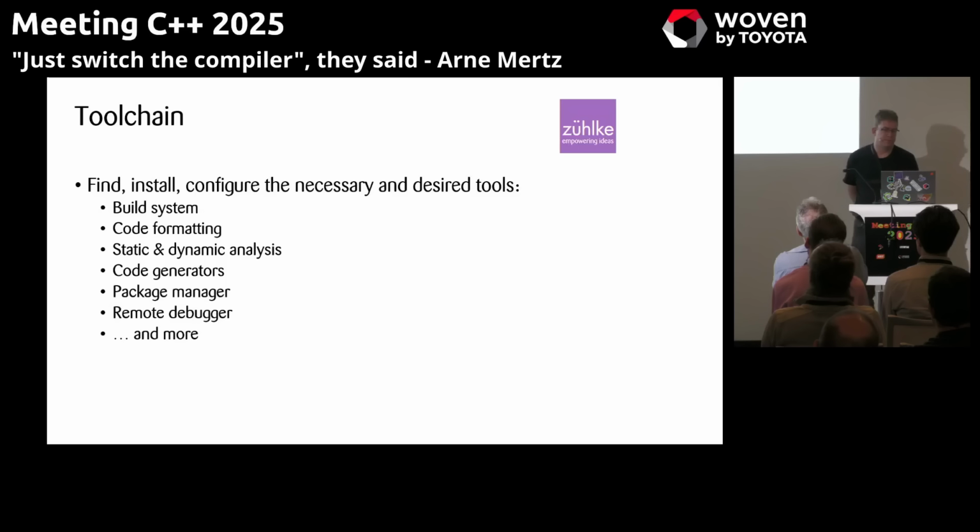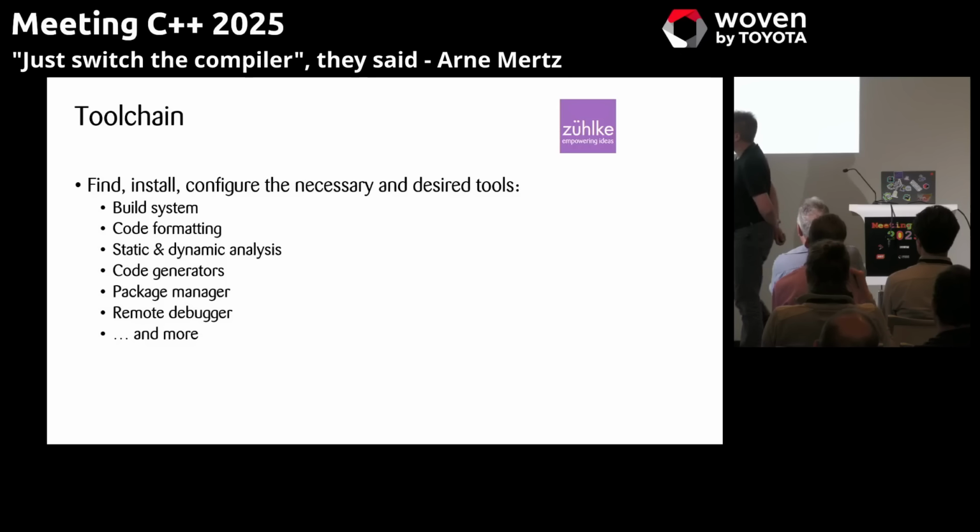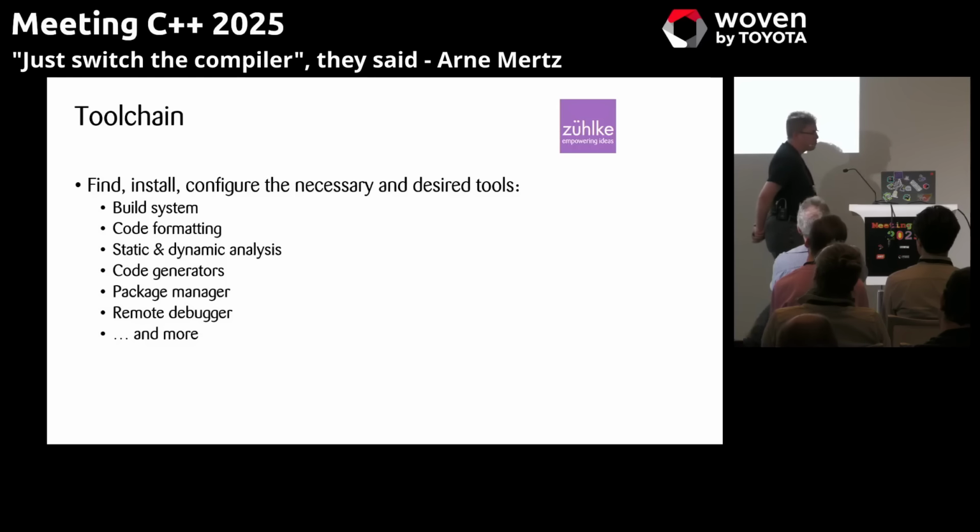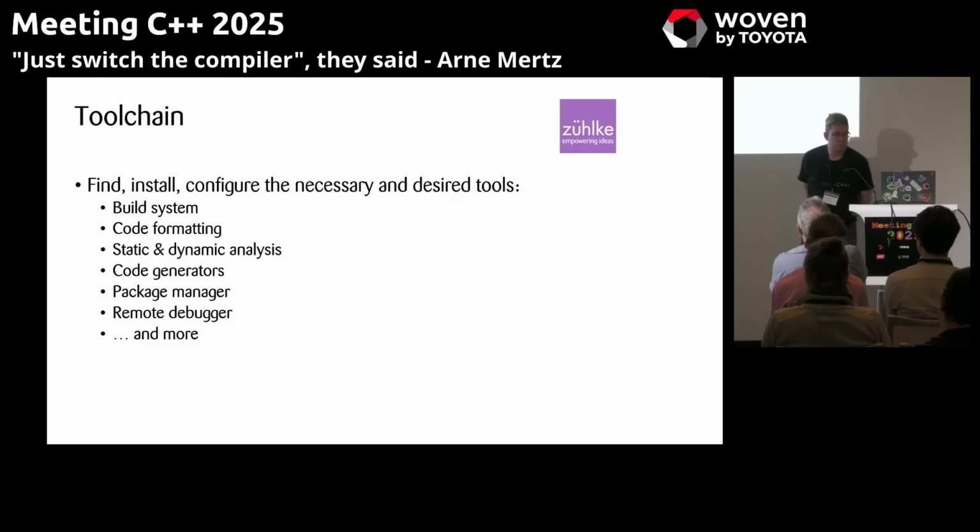How about the toolchain? Well, you have to find them, you have to install them, and you have to check that they work together. A build system, code formatters, for example, Clang format. Sometimes you have proprietary formatters. You have static analysis and code generators and whatever.